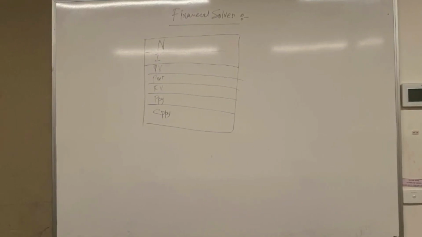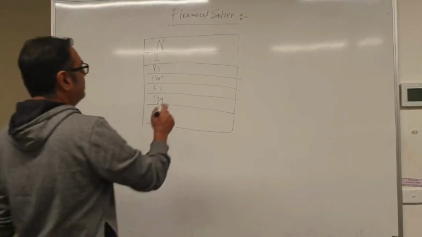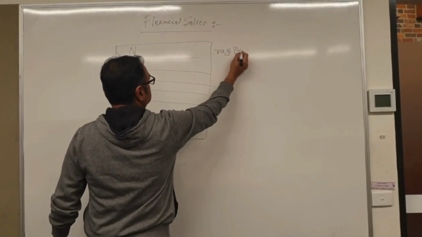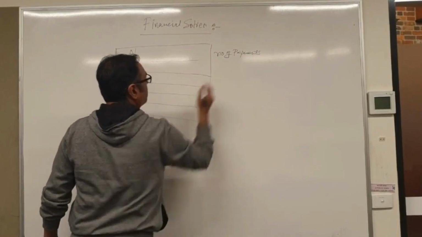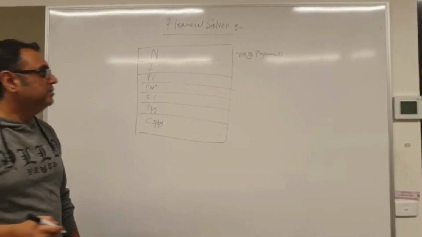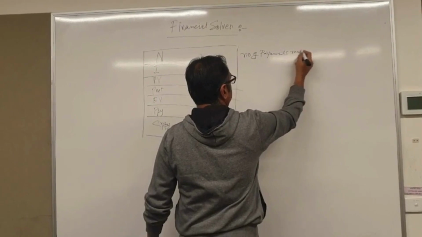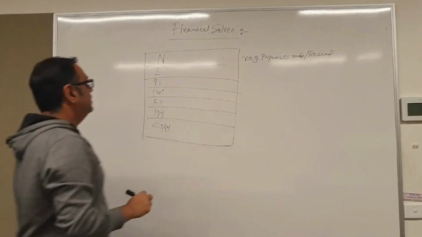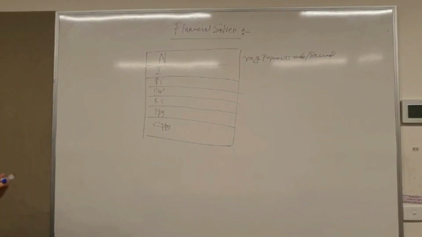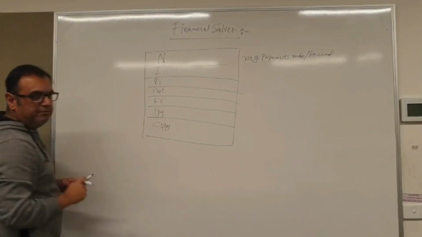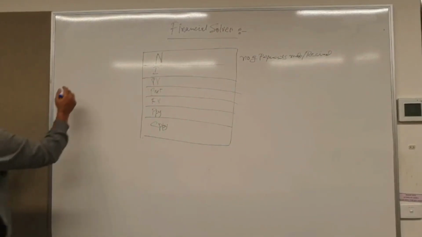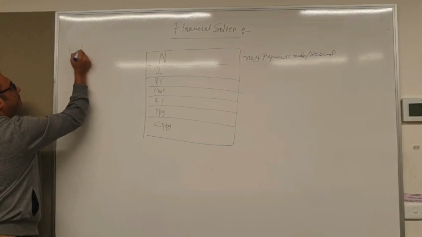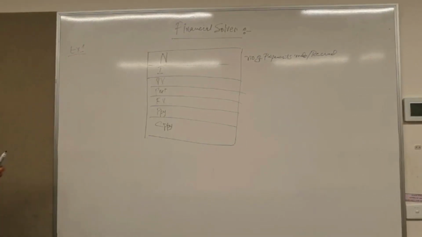Now, N is the number of payments made or received. Let's take an example before we start filling this up. Example 1, it's a loan scenario.